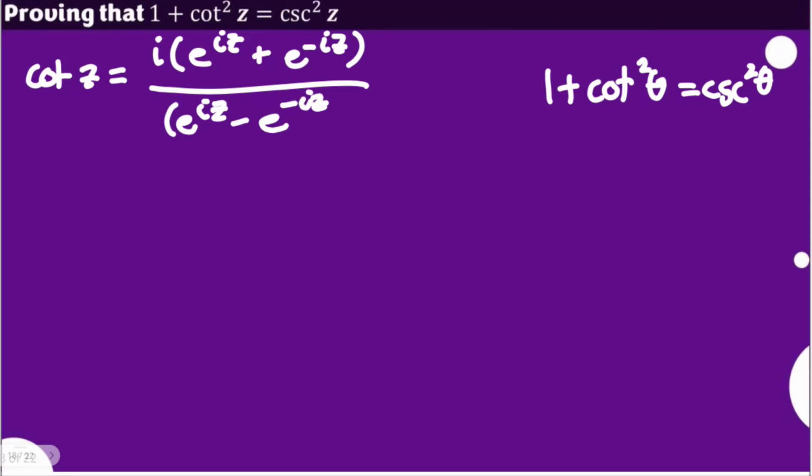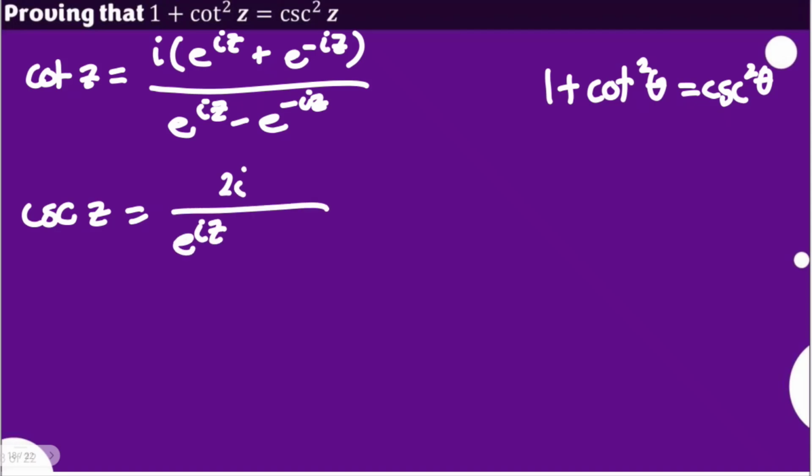That's the denominator for our cotangent z. As for our cosecant z, it's actually equivalent to the reciprocal of sine z. So we actually have here 2i over e to the power of iz minus e to the power of negative iz.